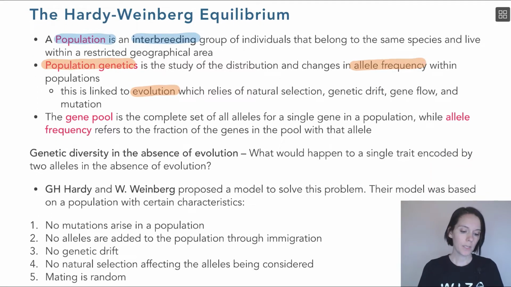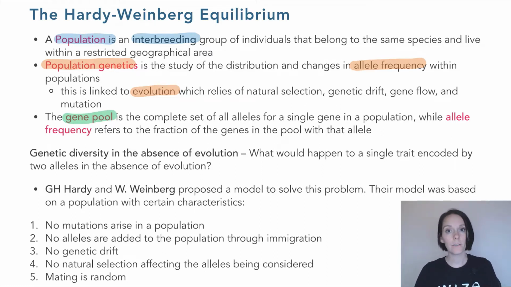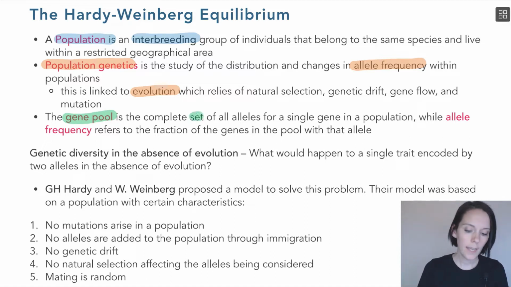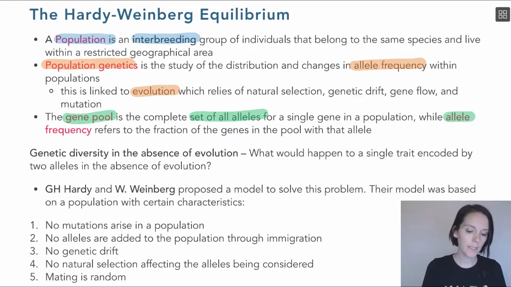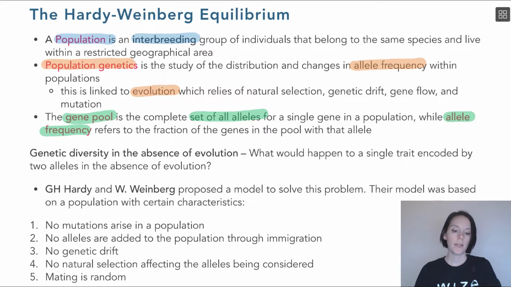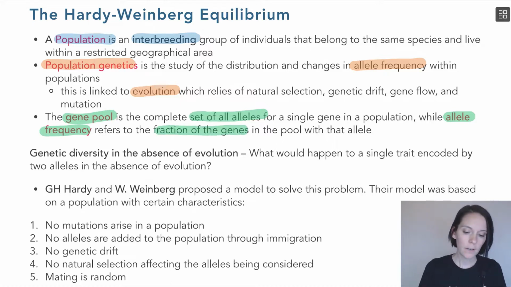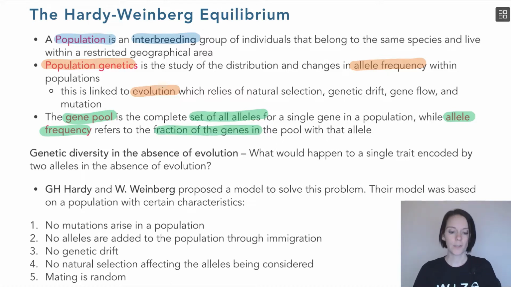So in a population, the gene pool refers to the complete set of alleles that is available in this population. So the complete set of all alleles for a gene in a population. Whereas allele frequency refers to the fraction of the genes with that particular allele.